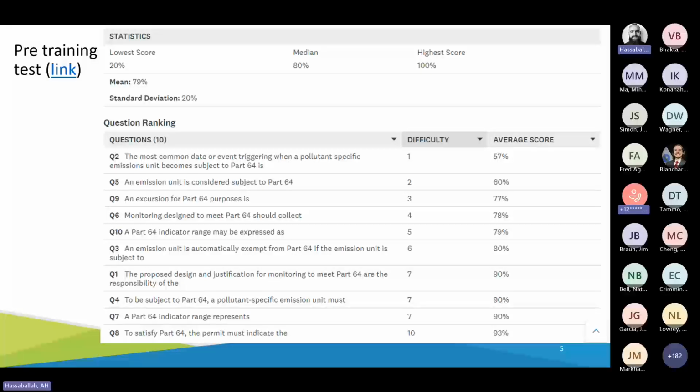There were a few questions that seemed to be a little bit more challenging, particularly in regards to when part 64 or CAM is triggered. Another one that was worth a few extra minutes was whether a particular emission unit is subject to, or its applicability under, part 64. So we will definitely touch on those as well.